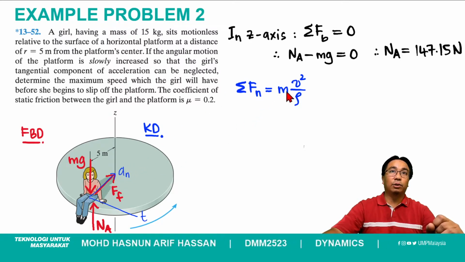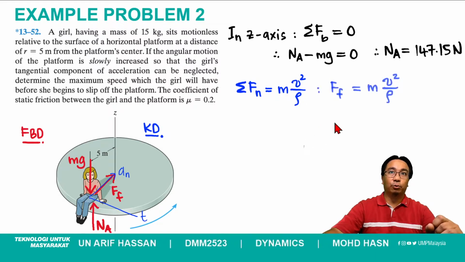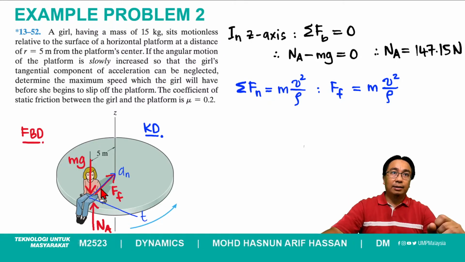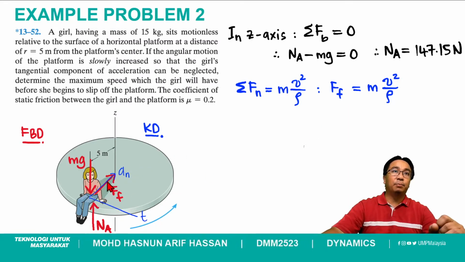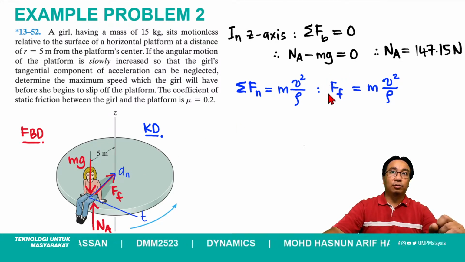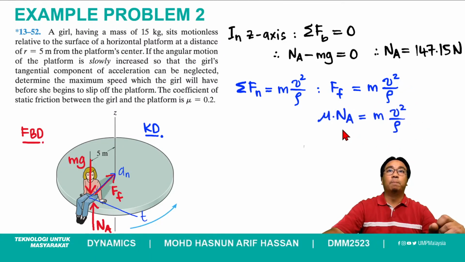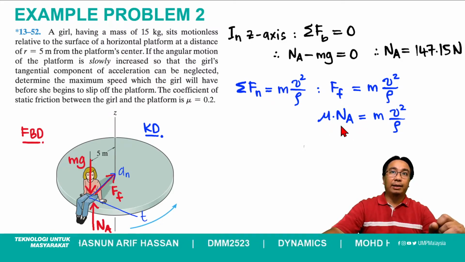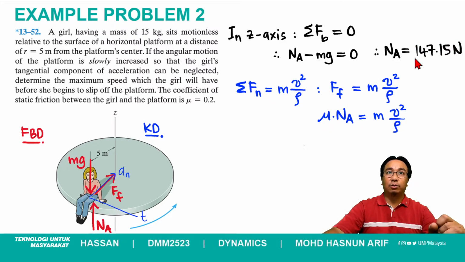Fn is equal to m v squared over rho. We can see that in the normal axis there is only friction. Friction is pointing in the positive direction of the normal axis, so the friction force is equal to m v squared over rho. Friction force is equal to mu times Na, and Na we have up here.